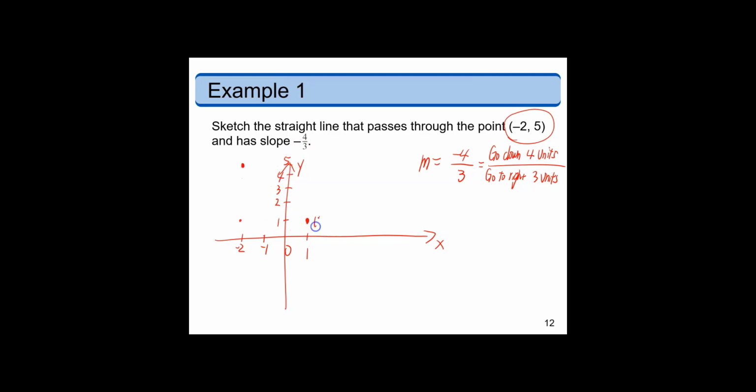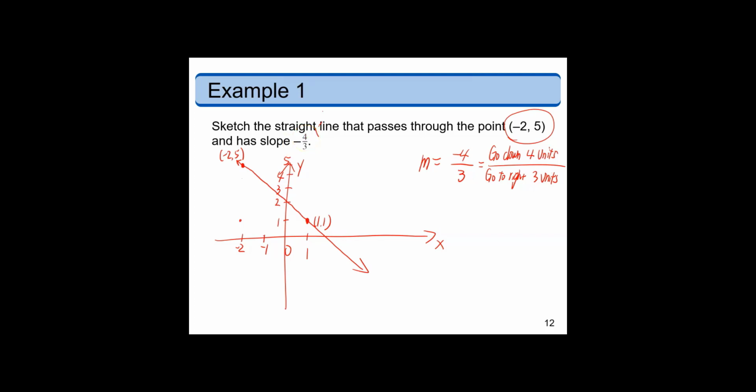Okay. So given the point (-2, 5) and utilizing the slope, we've got another point. Connecting those 2 points, we get a line. All right, so this is a line passing through (-2, 5), and it has a slope of -4/3.